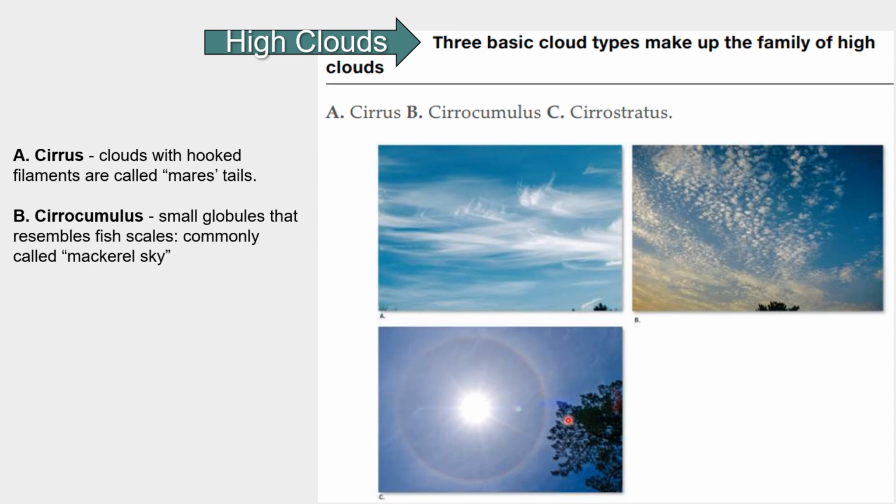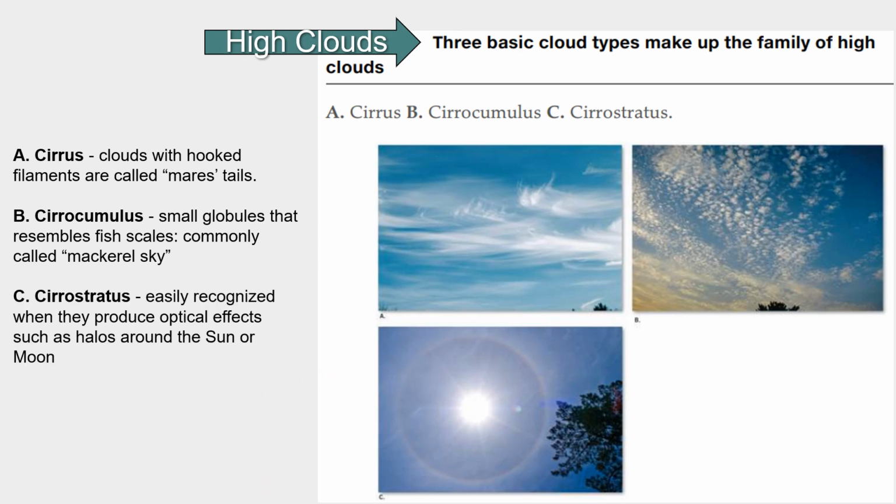Next, below here, is what we call the cirrostratus. They can be recognized easily when they produce optical effects such as halos around the sun or moon, as you can see in this figure.